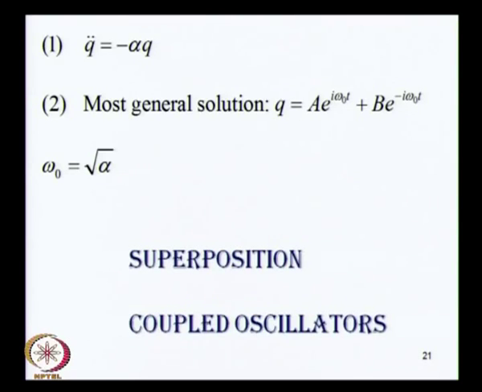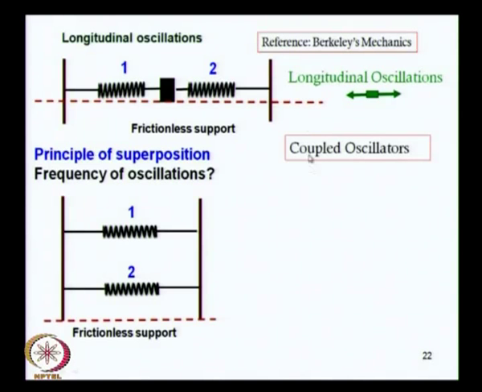If you have two oscillators and they are coupled, then what will be the net motion? This will be described by the superposition of two oscillators, and there are some very nice examples which I have drawn from Berkeley's physics course.